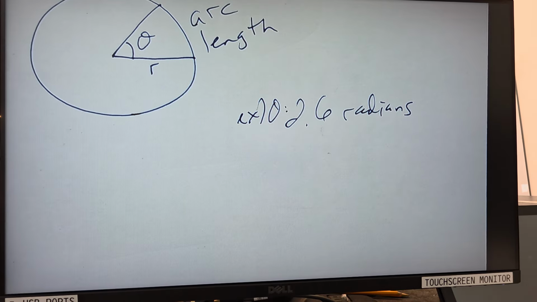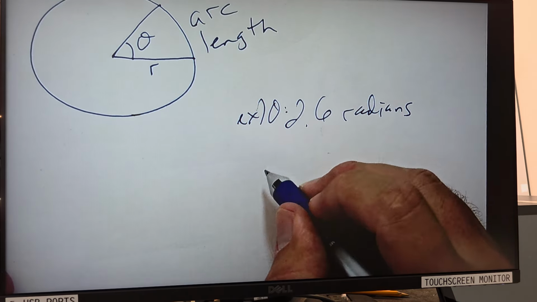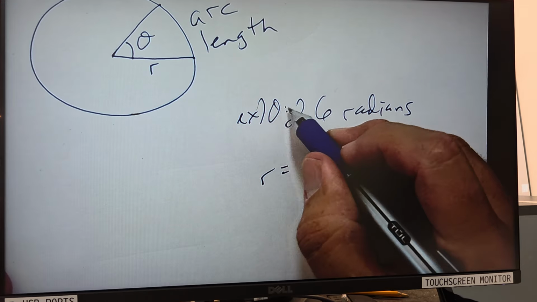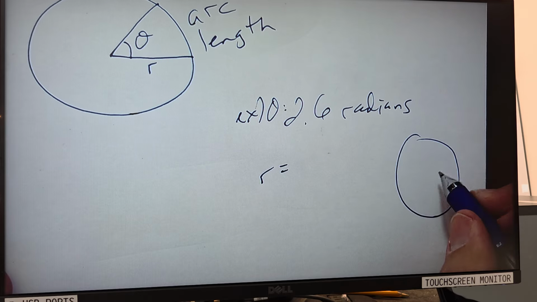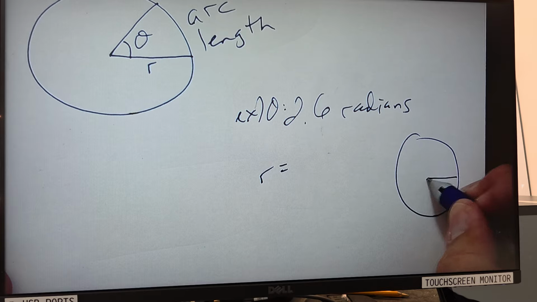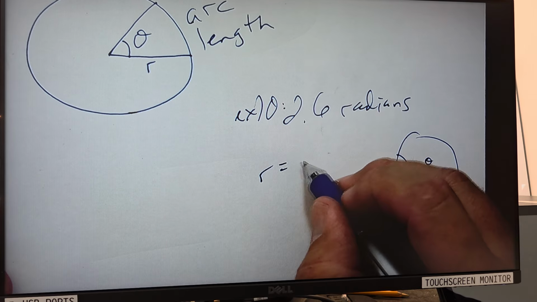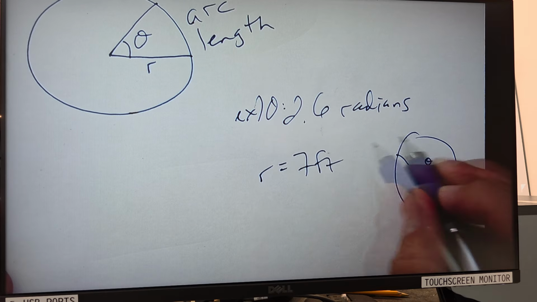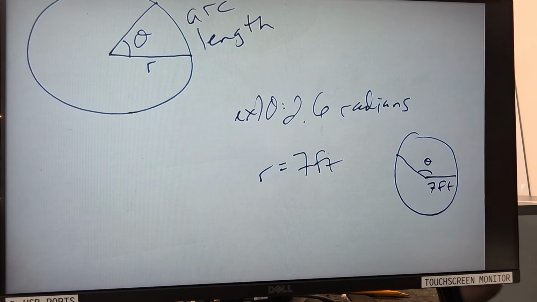So that's going to become really important in a minute. So what if I told you the radius? I've gone through an angle of 2.6 radians, and that's going to be, you don't have to know this, but it should be roughly about here. And what if I tell you the radius is 7 feet? Don't overthink this. What does radians mean again? The number of radiuses.